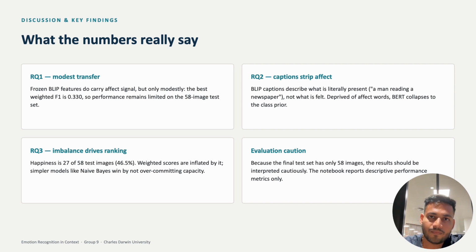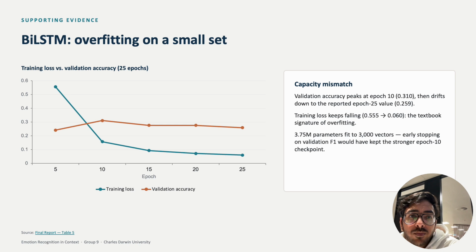Thank you, Rudraksh. This slide shows the BiLSTM training behavior. The training loss kept decreasing, which means the model was learning the training data, but the validation accuracy peaked around epoch 10 and then dropped again. This suggests overfitting. This is important because it shows that a more complex model is not always better.